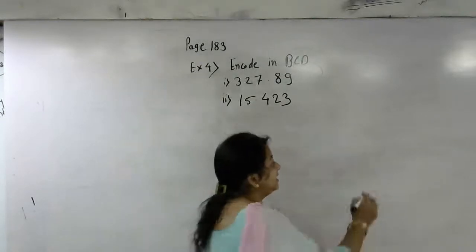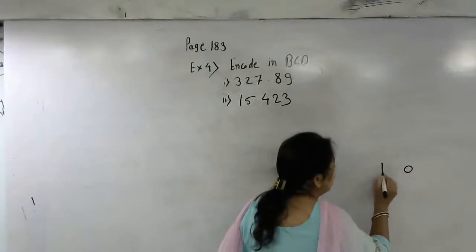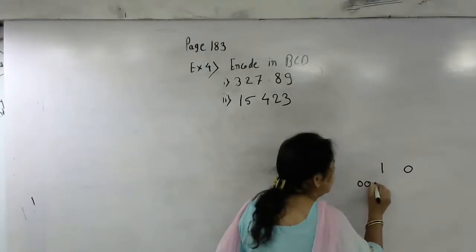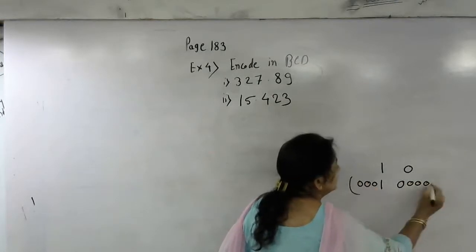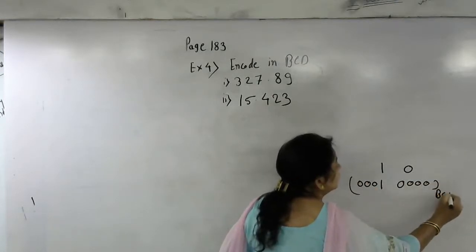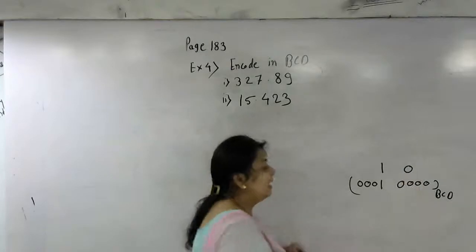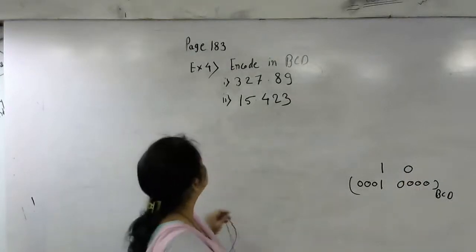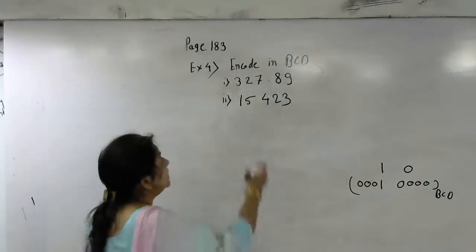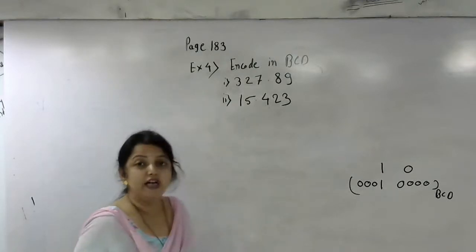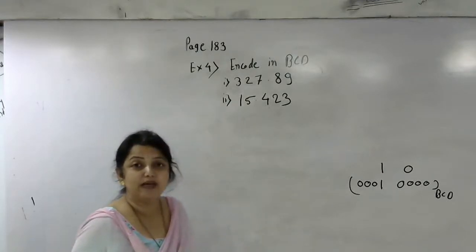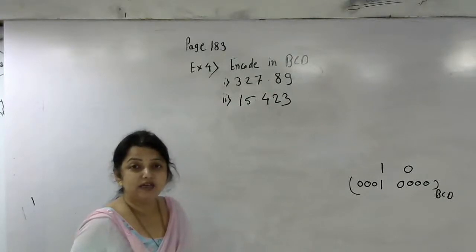In BCD, that 10 is written as, for 1, you have to write 4 bits like this. And for 0, you have to write like this. This is the BCD code for this decimal 10. Okay, so encoding BCD and decimal numbers are given. Just write 4-bit number for every decimal digit.